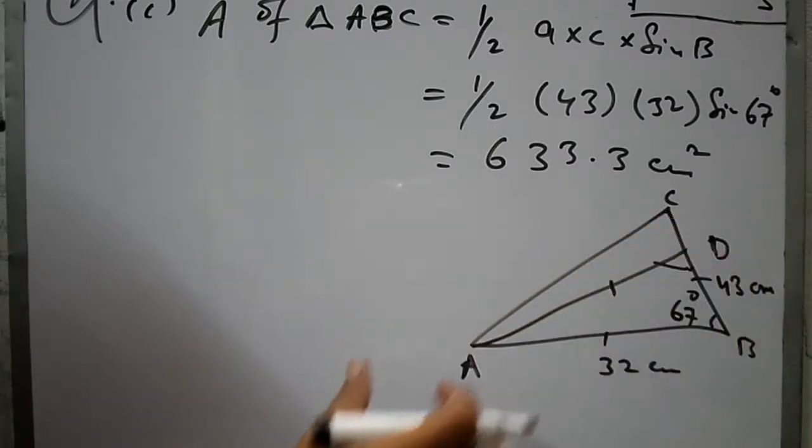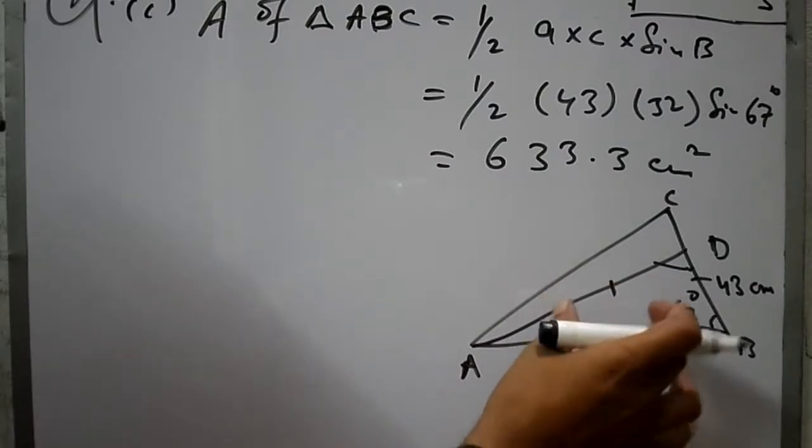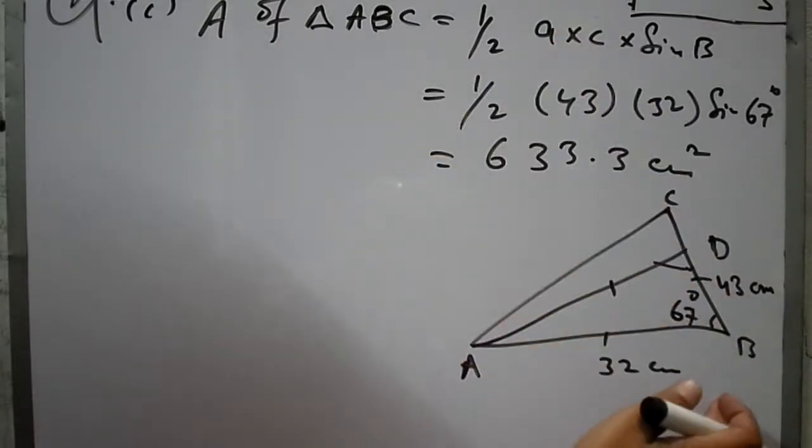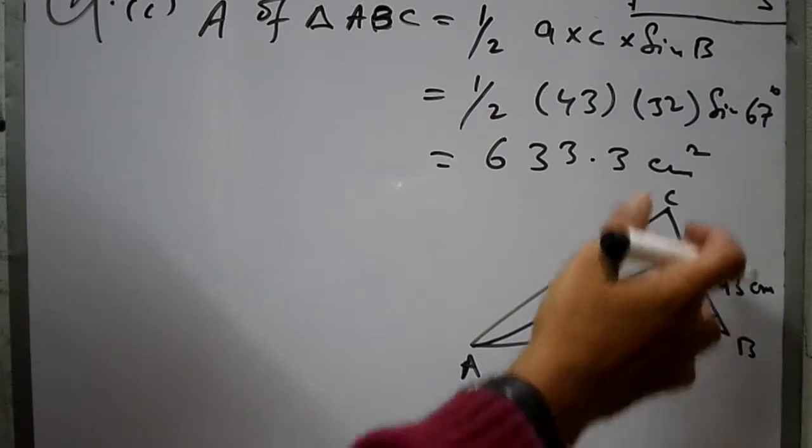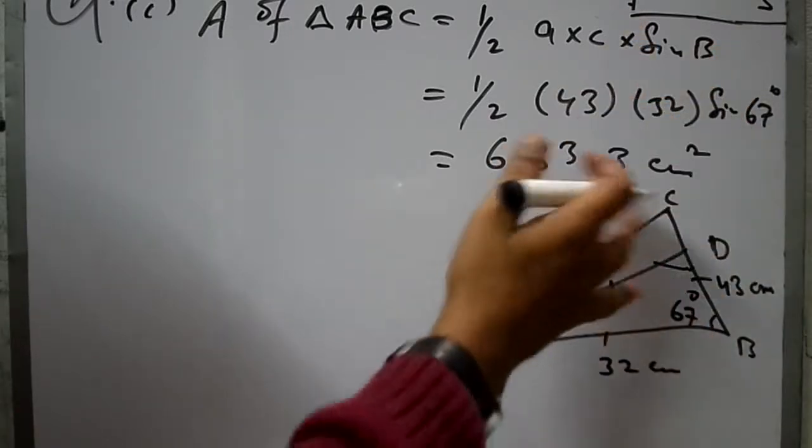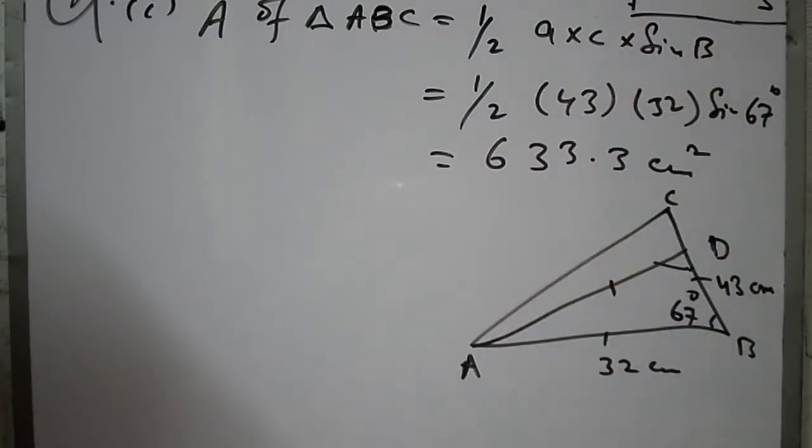So when we take this triangle ABC, we can use this angle and the given sides, so you can calculate the area of the triangle.